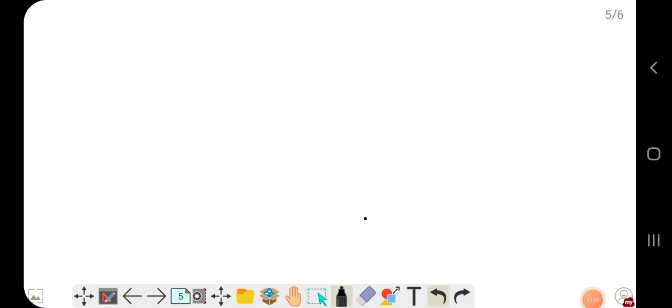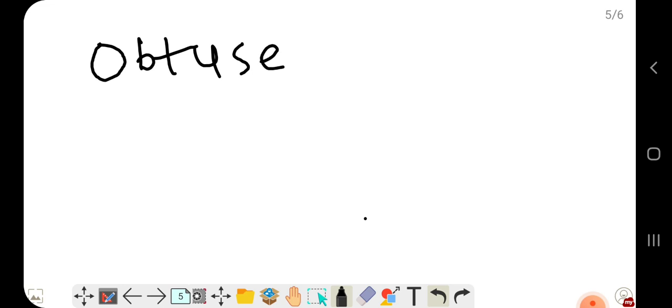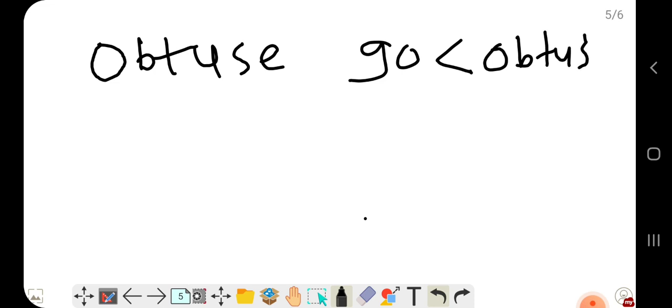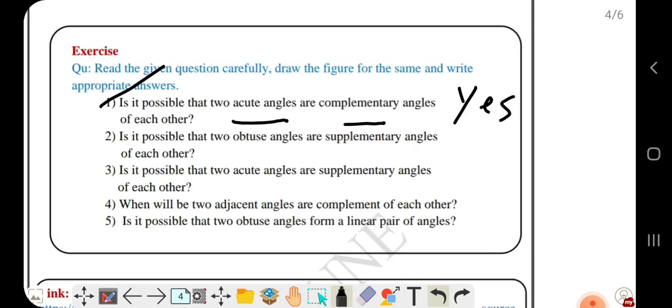Second question: is it possible that two obtuse angles are supplementary angles? Here we will first note that obtuse angles will always be greater than 90. So according to the question, is it possible that two obtuse angles are supplementary angles?